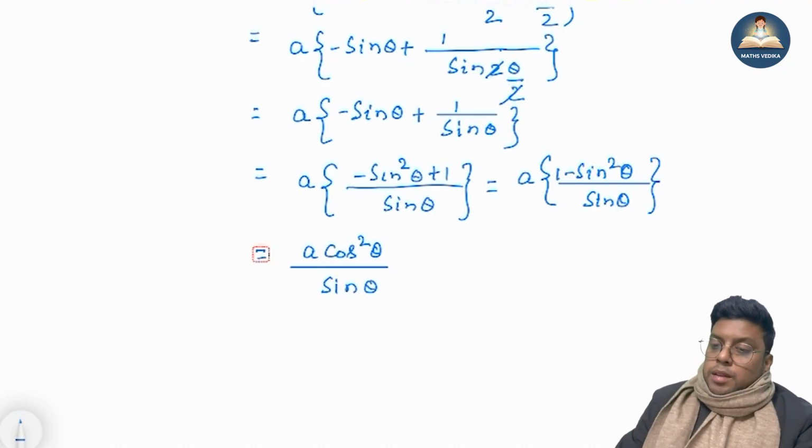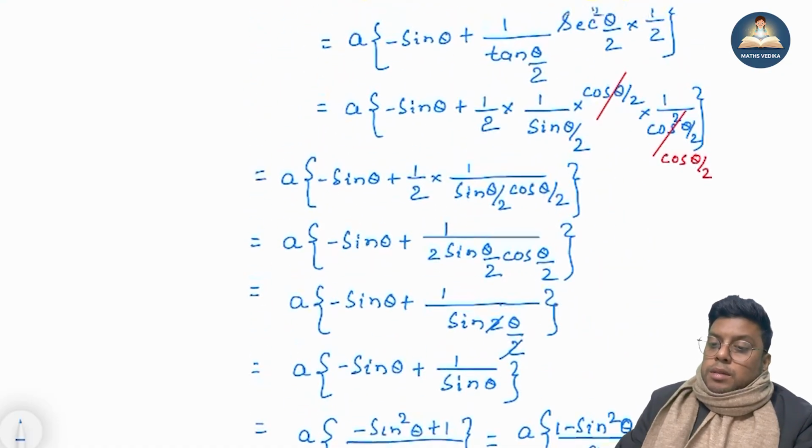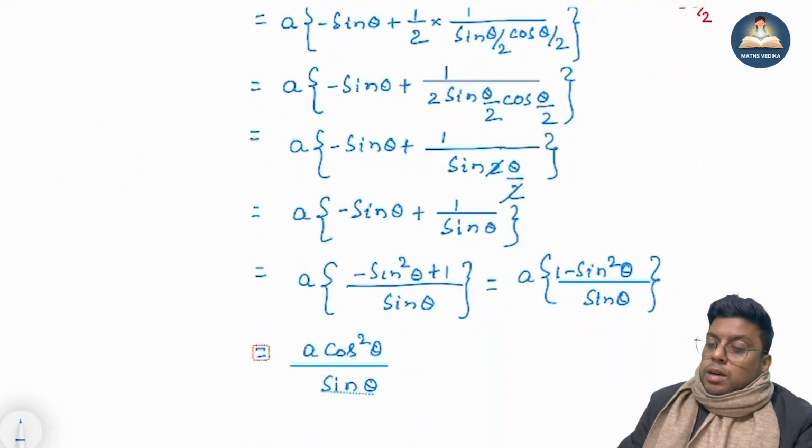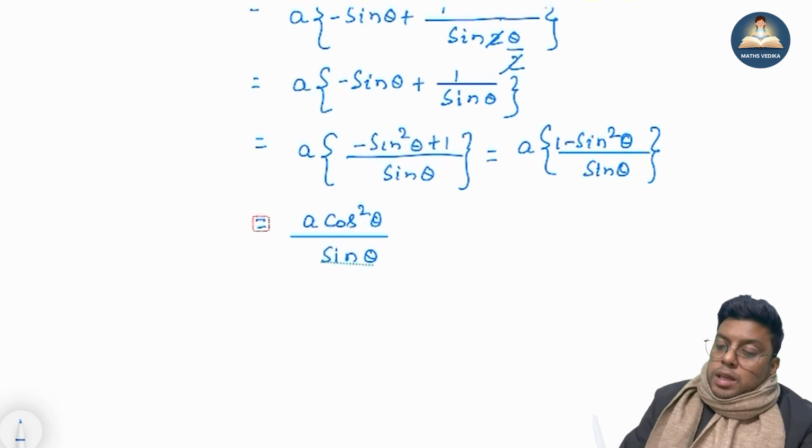Now we have dy by d theta is equal to a cos theta and dx by d theta is equal to a cos square theta by sin theta.